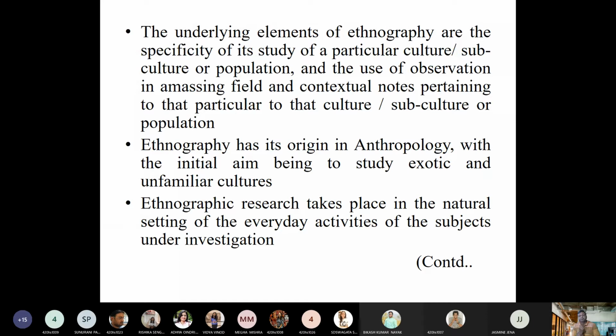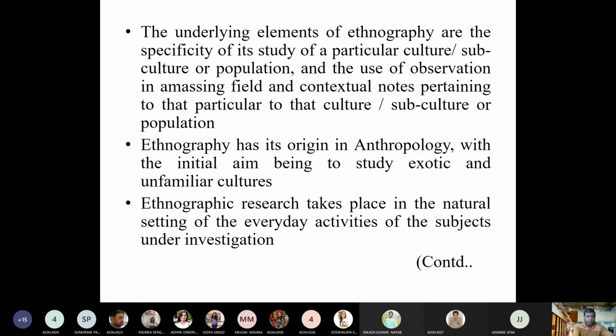Ethnographic research takes place in the natural setting of the everyday activities of the subjects under investigation.